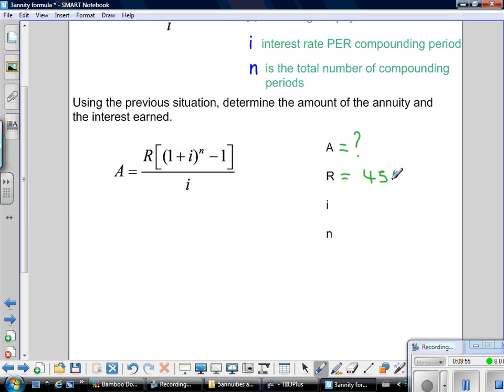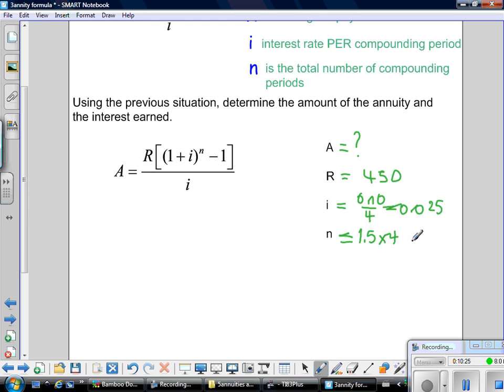And our interest rate, and we actually calculated it as well, was equal to 0.10 divided by 4, which I believe was 0.025.